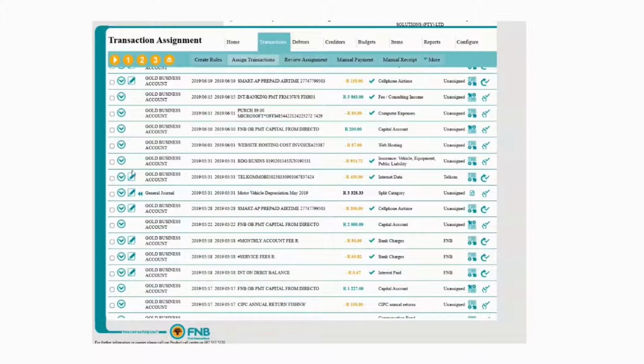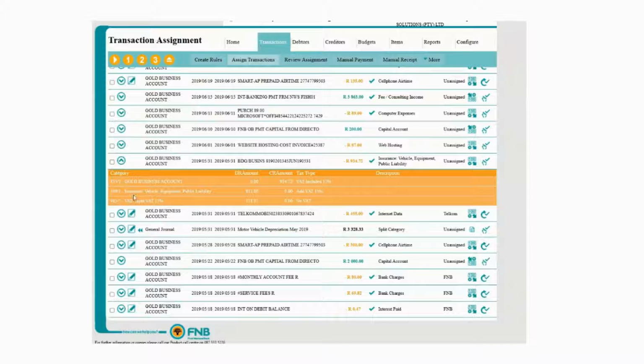And if there was a VAT included, it would look like this. Say, for example, insurance that was paid. It's a total of 934 Rand that was debited from my bank account. And because I categorized it as VAT inclusive, it then separates the 15% VAT, which is 121 Rand, and the insurance is 812 Rand.